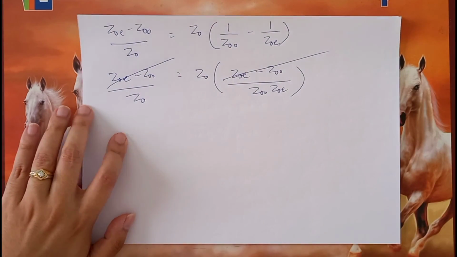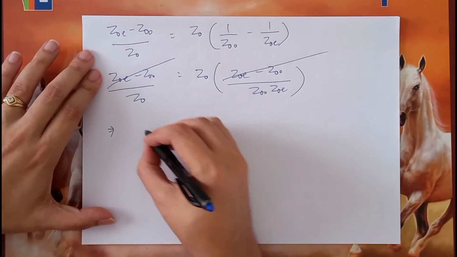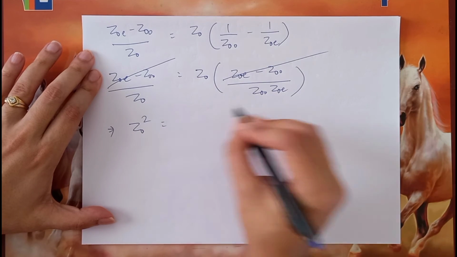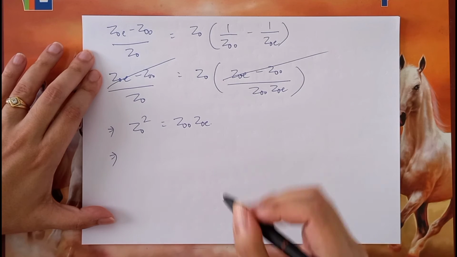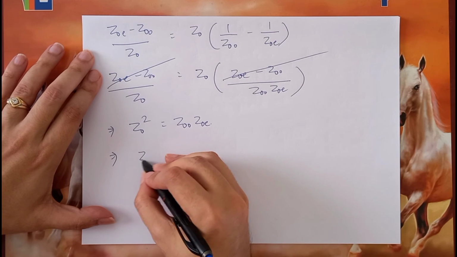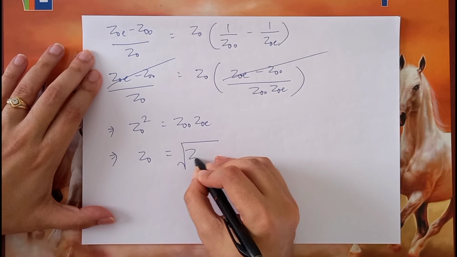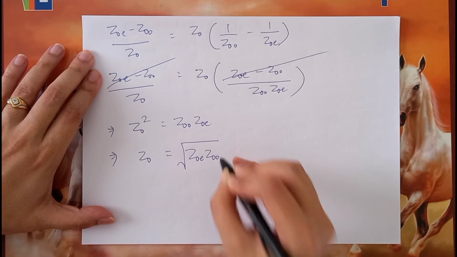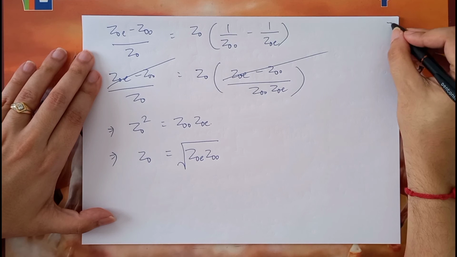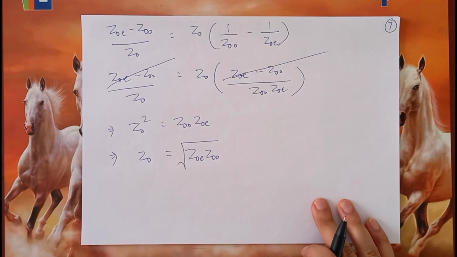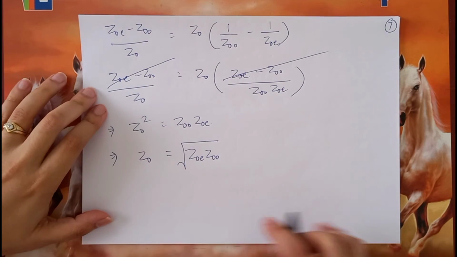So this shows that Z0 squared should be equal to Z0o times Z0e, which means Z0 must be the geometric mean of the even mode and odd mode impedances of the line, or of the coupled pair of lines. This is a very, very important result.